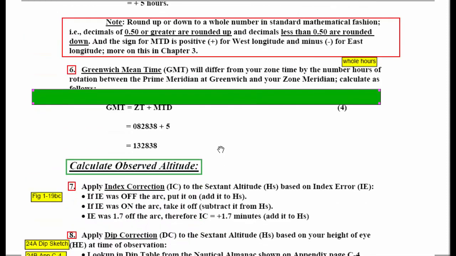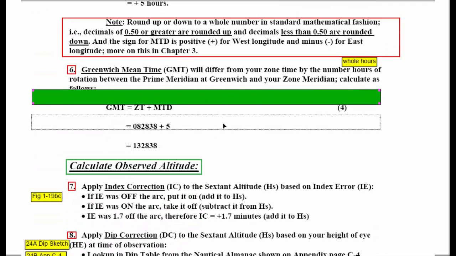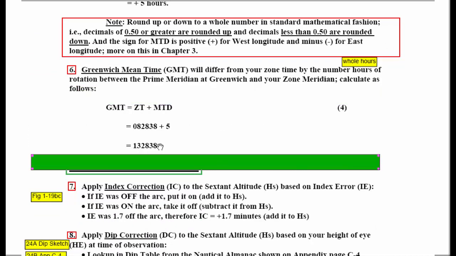So now to compute Greenwich Mean Time, we have to take our zone time and add the meridian time difference, the 5 meridians from Greenwich, and get 1328.38 as the Greenwich Mean Time corrected.